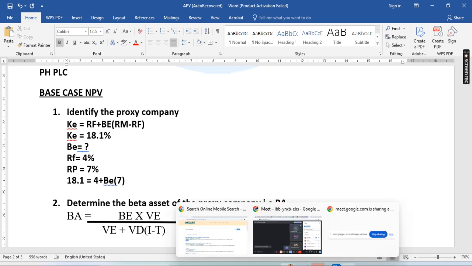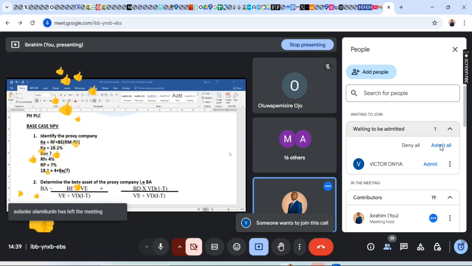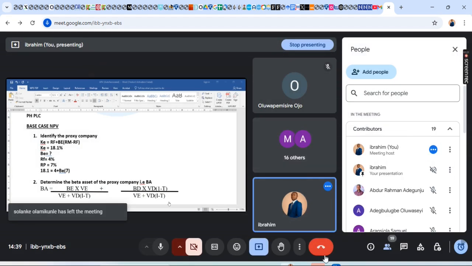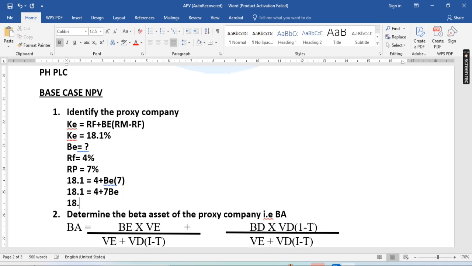So what do we have coming? 18.1 equals 4 plus, when you multiply this, 7 equity beta. 18.1 minus 4 equals 7 BE.